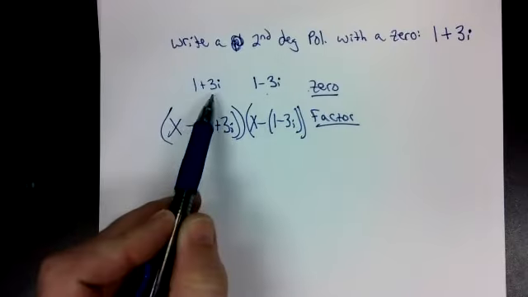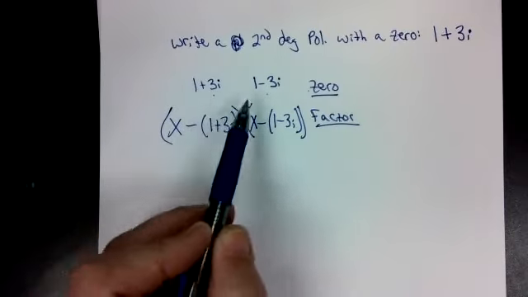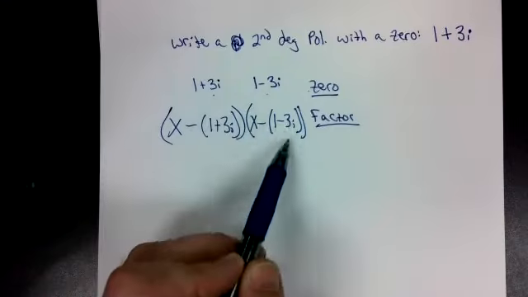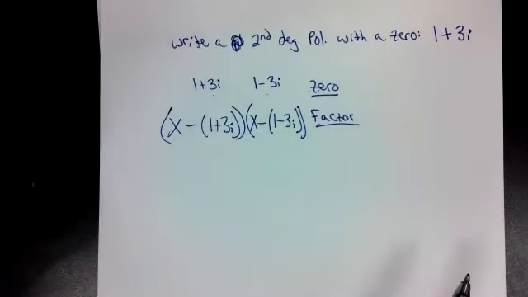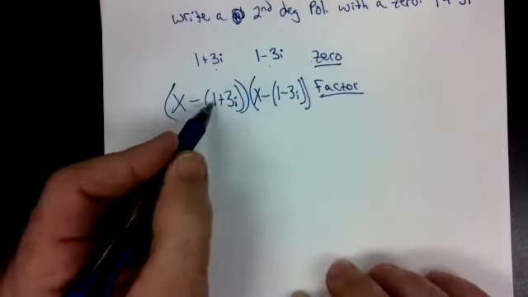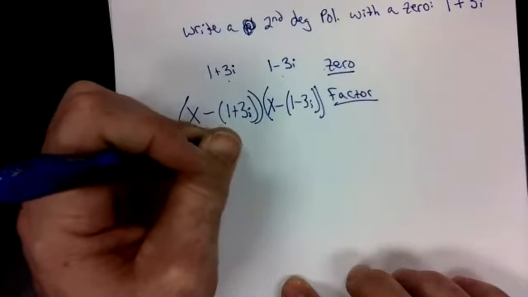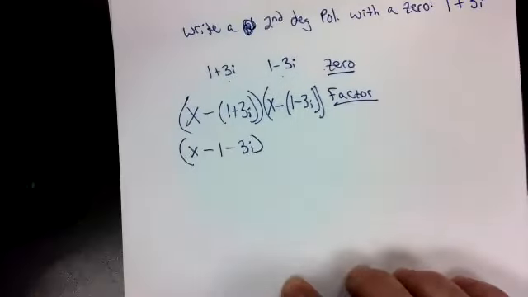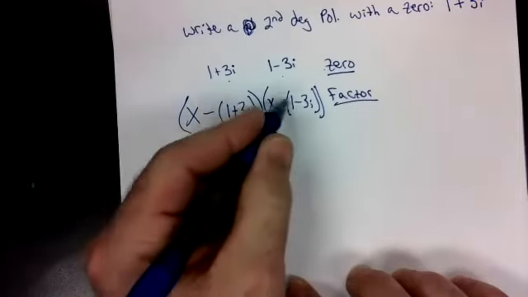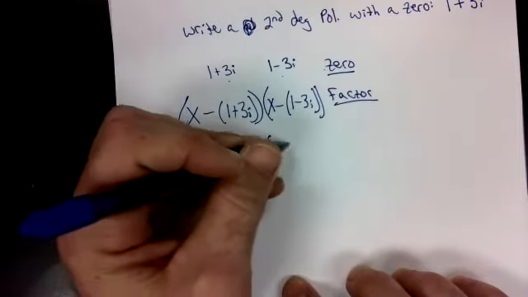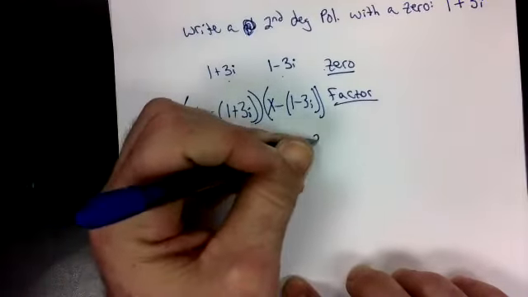Okay, x minus the thing, x minus the thing. And guess what? We get to play that same game. So if we distribute our minus, we get x minus 1 minus 3i. And if we distribute our minus, we get x minus 1 plus 3i.